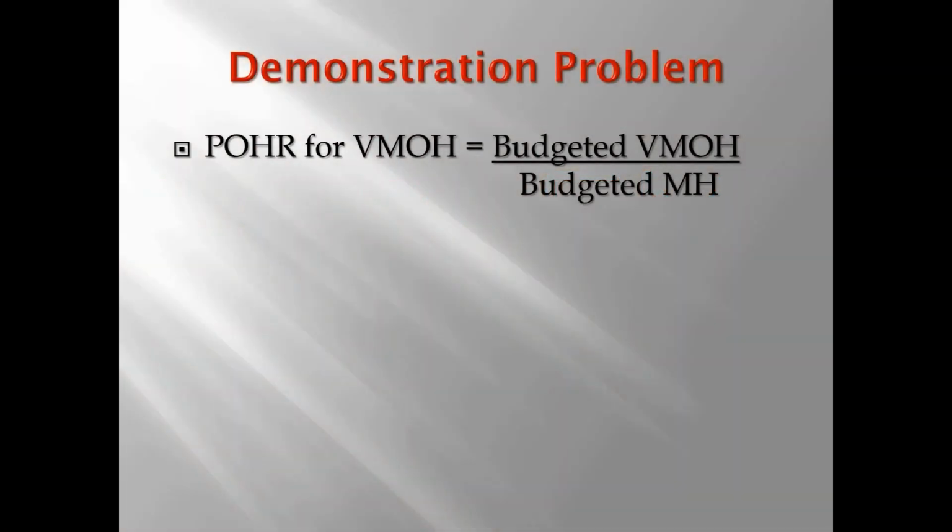Remember that the formula for a predetermined overhead rate for variable manufacturing overhead would be the total budgeted variable manufacturing overhead divided by the budgeted amount of the allocation base, in this case, machine hours.